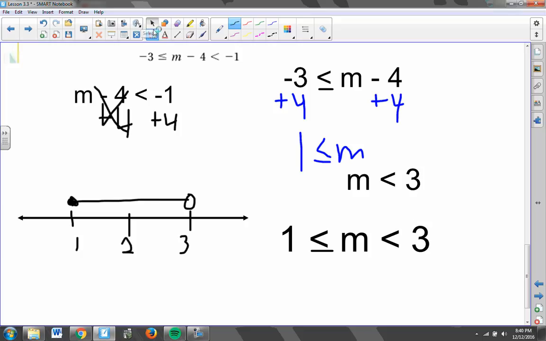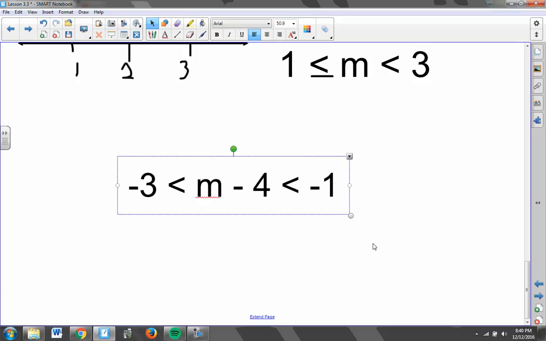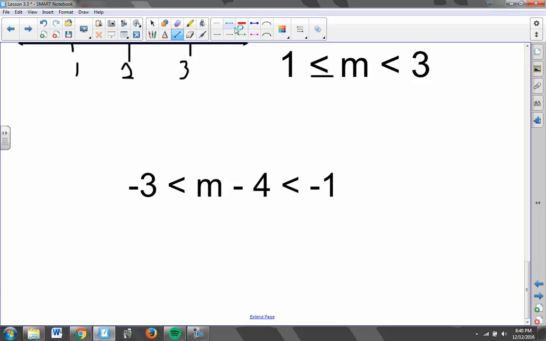The other way that we could do this is simply do it all at one time. So if I start with this inequality, I can look at what's in the middle, and I see m minus 4. And I know I have to add 4 to get m by itself.